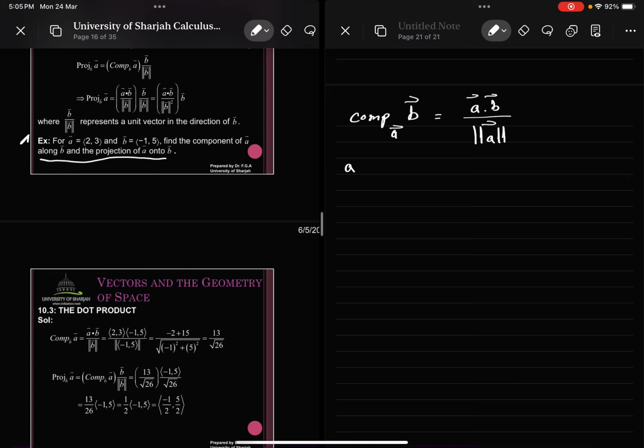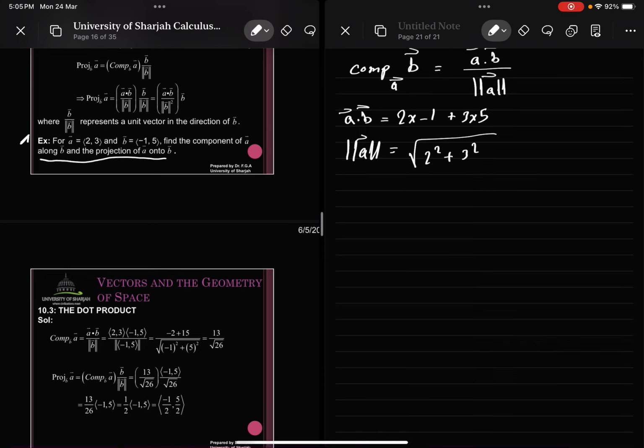So we have to find a dot b. It will be 2 times -1 plus 3 times 5, and find the magnitude of a, which is 2 square plus 3 square.